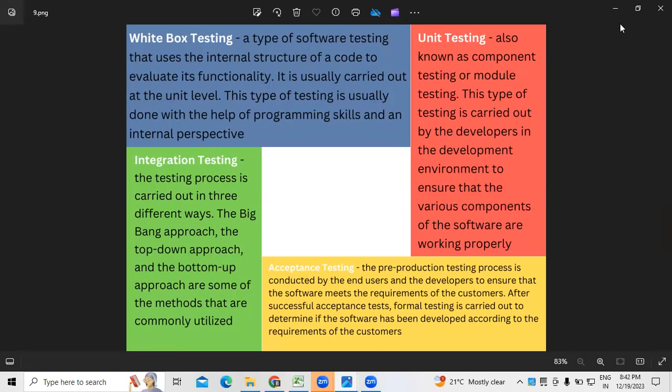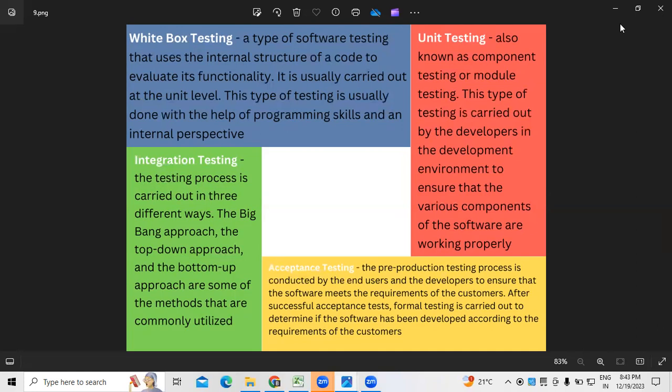Normally, white box testing is a kind of software testing which is majorly used to understand the internal structure of a code so that we can evaluate the functionality we are going to develop, because white box and black box testing are the two major testing procedures at the top of the testing part. We categorize them at a high level as white box testing and black box testing.